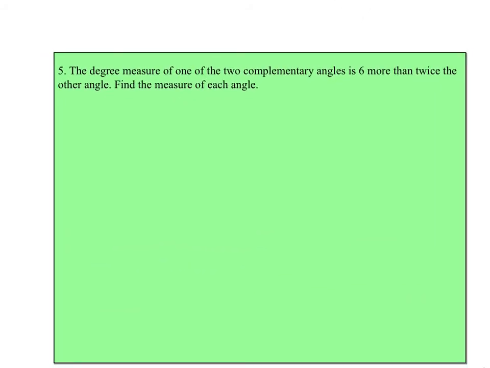So now we're changing gears. Now let's look at complementary. Complementary, remember, adds up to 90. The degree measure of one of the two complementary angles is 6 more than twice the other. So again, you have two angles. You have your angle, call it y.